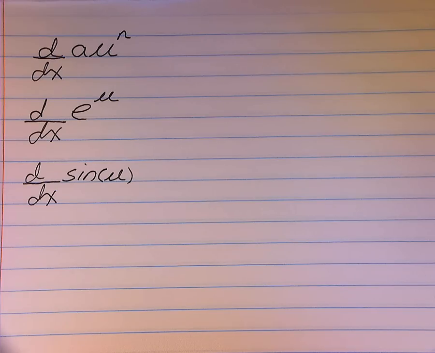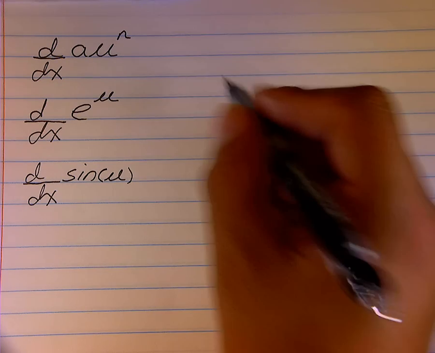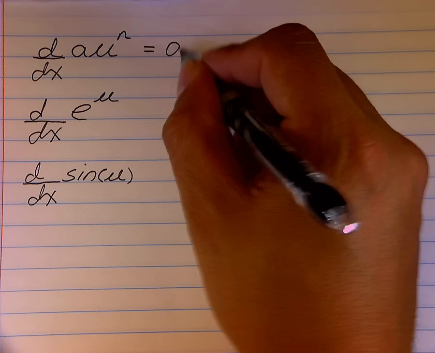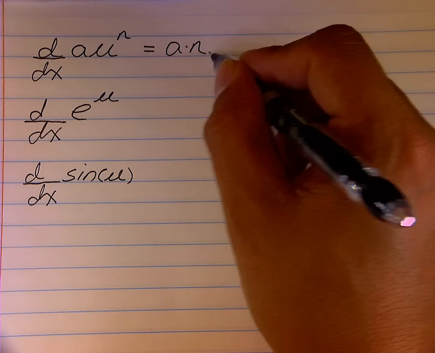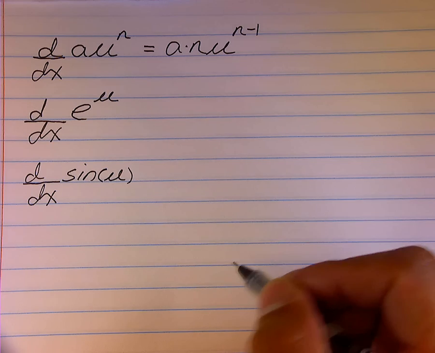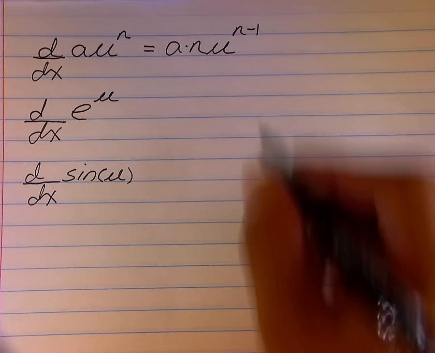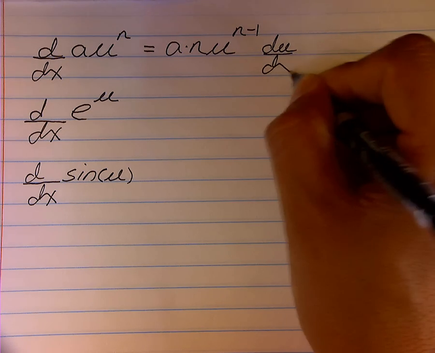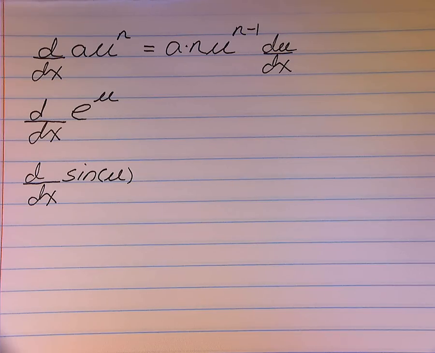However, because my variable is not an x, it will always require a second step. So when I take the derivative of the power function in the form of u, I will take a times n times u to the n minus 1, that's my power function rule, all times du dx.